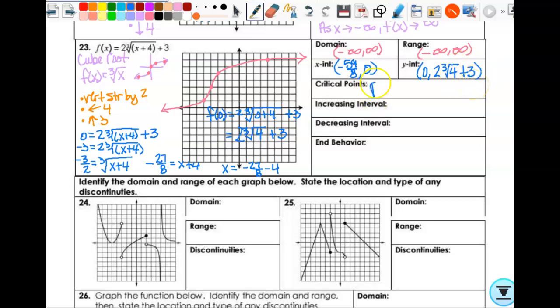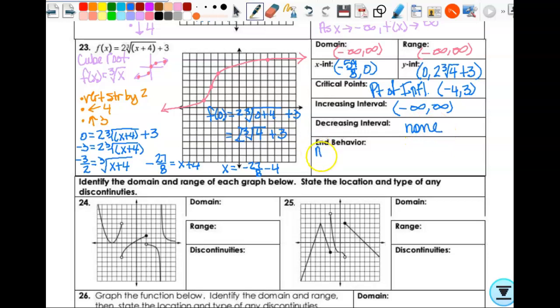Critical points. I have a point of inflection at negative 4, 3. I'm increasing everywhere, negative infinity to infinity, because a point of inflection does not change from increasing to decreasing.